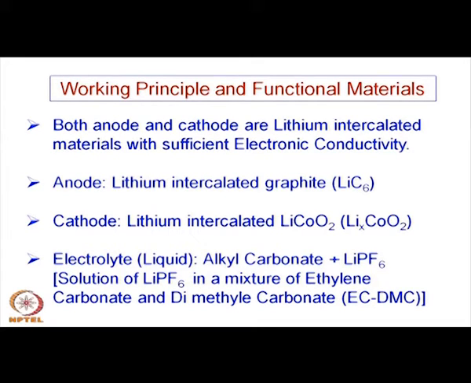Since lithium is the charge carrying and active species in this case, both the anode and the cathode must interact with the lithium, and in this case a very simple interaction is that both the anode and the cathode are actually intercalated compounds.